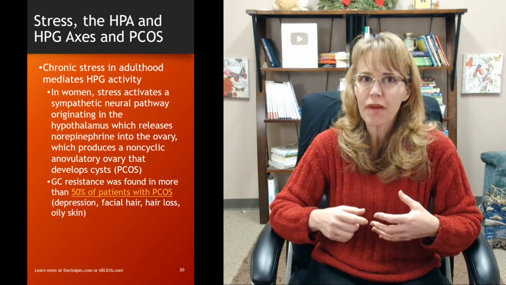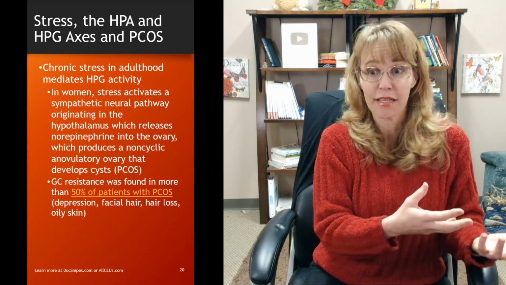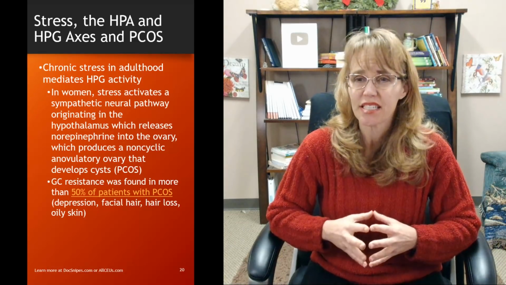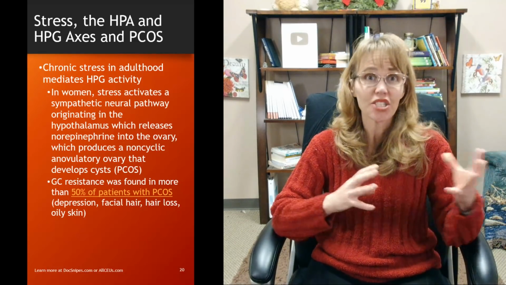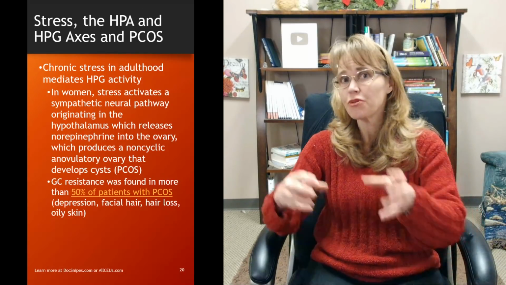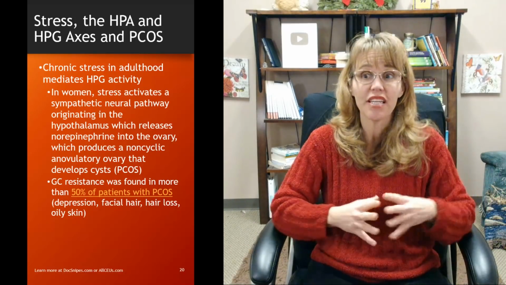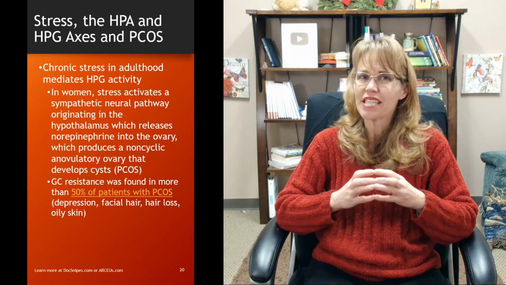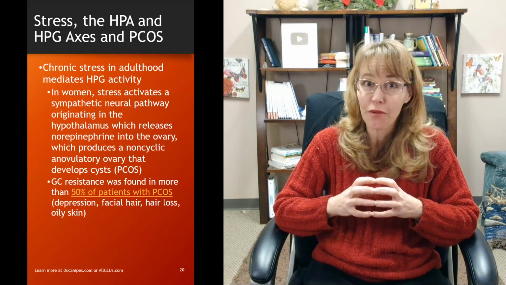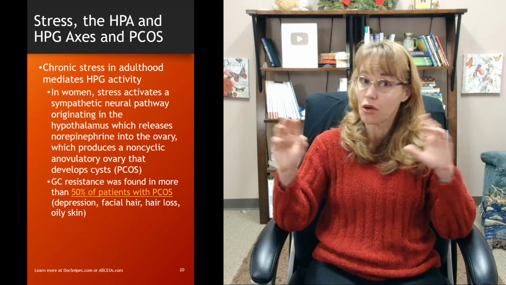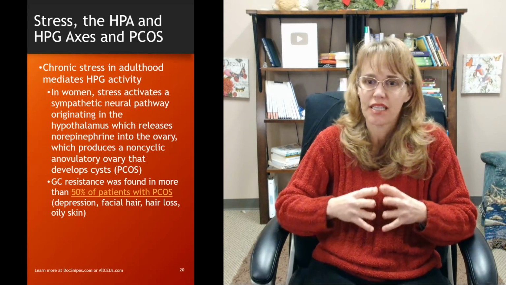So it produces basically a non-functioning ovary that's not ovulating, so it develops those cysts. So it's interesting to note that chronic stress contributes to norepinephrine alterations and secretion into the ovary. And the ovary says, you know what? It's not a good time to ovulate right now because there's too much stress out there, so we ain't going to do it. And that throws the whole system into chaos.